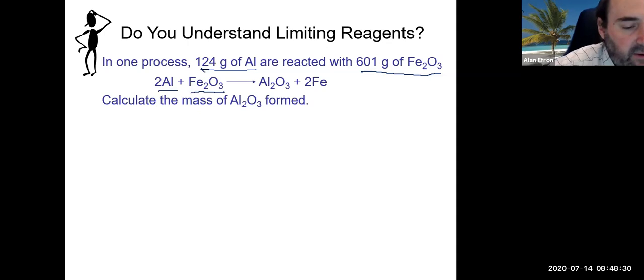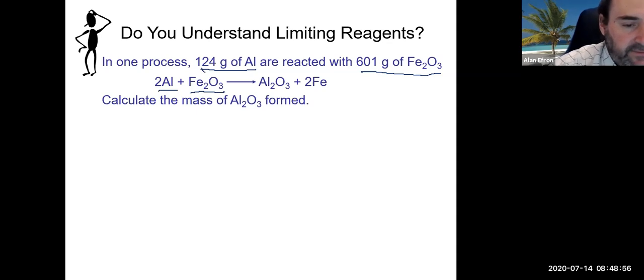Because I have grams of both of those, I am able to get to moles of both of those, which is automatically the light bulb that should go off: oh, this is a limiting reagent problem. Somewhere along the way, you need to figure out which one's the limiting reagent, because that is typically the one that will determine how much product you will produce.